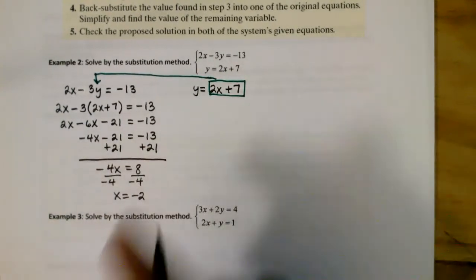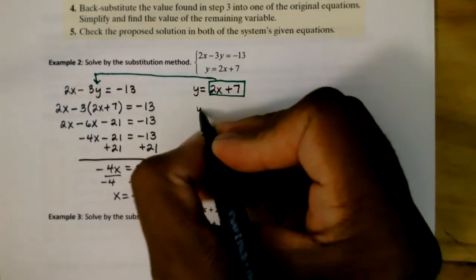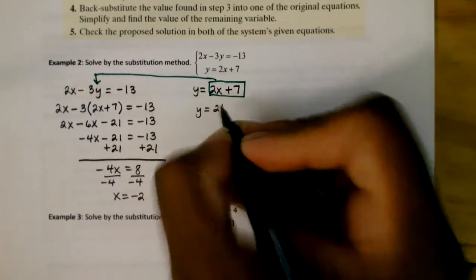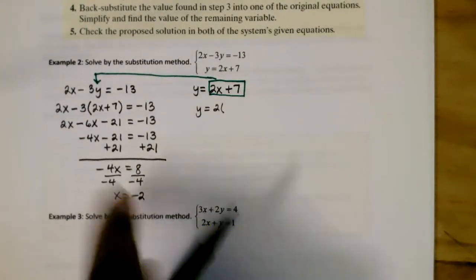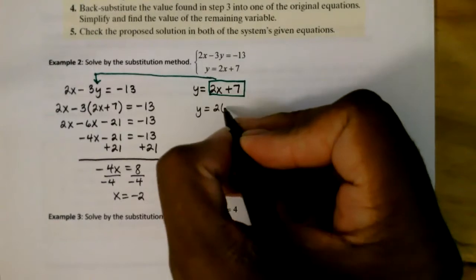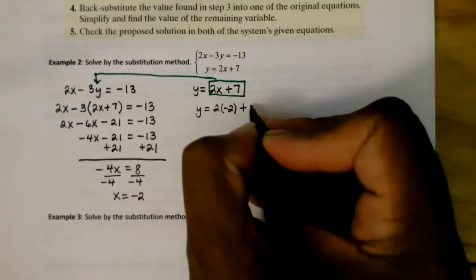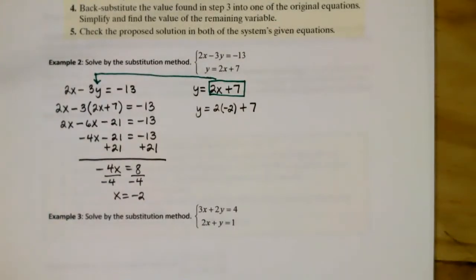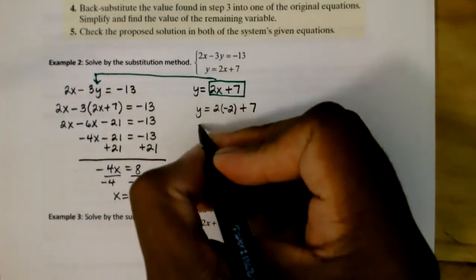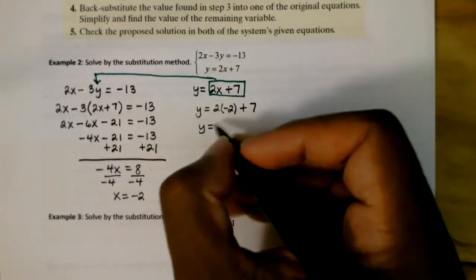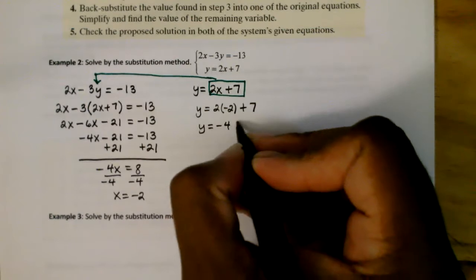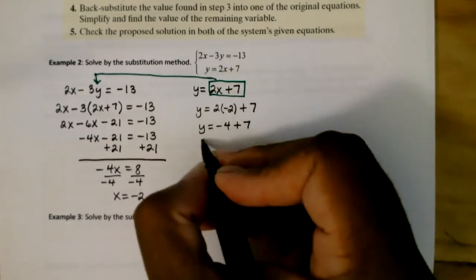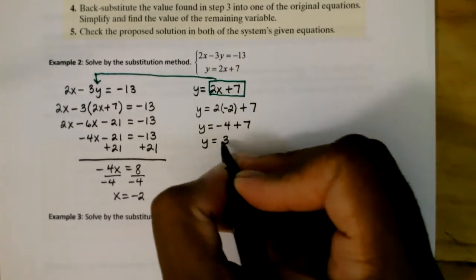Let's use that y equal 2x plus 7 and substitute the x with this negative 2 in order to find out what y is. So I got y equal 2 times negative 2 plus 7. So here, if I do 2 times negative 2, that's negative 4. And negative 4 plus 7 tells me what y is.